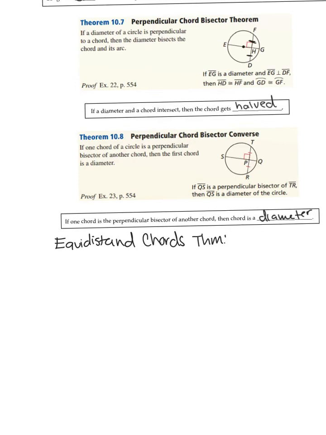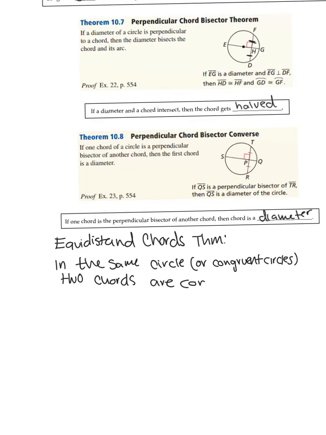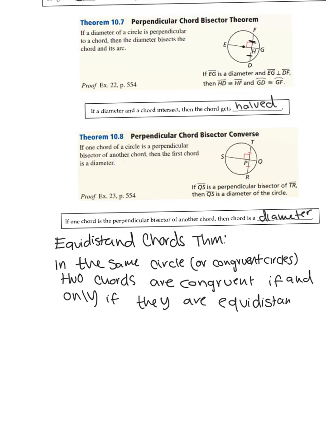This basically states that in the same circle or two congruent circles, two chords are congruent if and only if they are equidistant from the center.